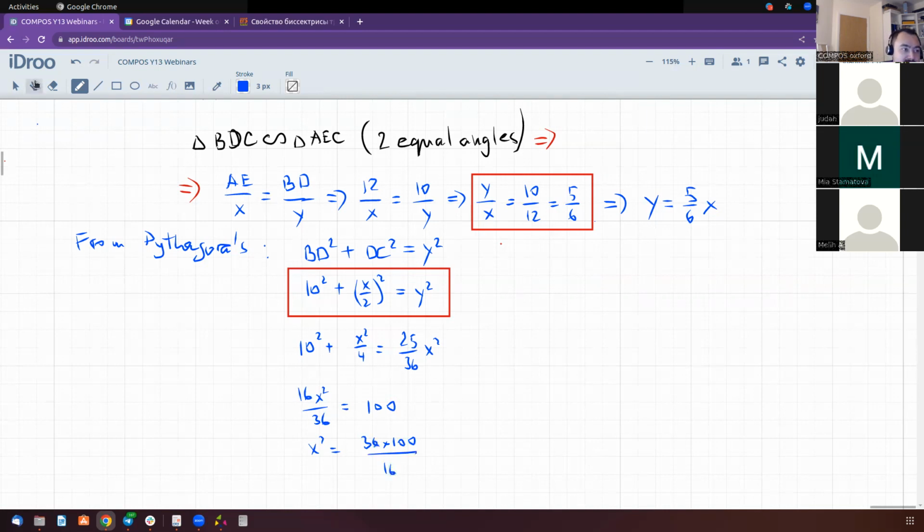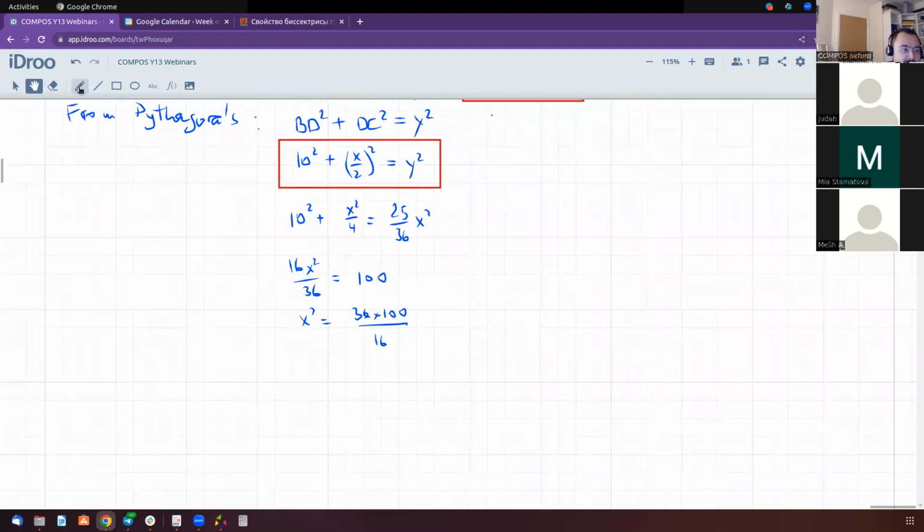Notice that I'm not multiplying it out because I'll be looking for x, so I'm just taking the square root of that. 6 times 10 over 4, and now I can simplify it.